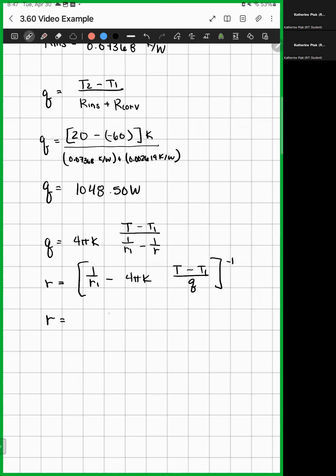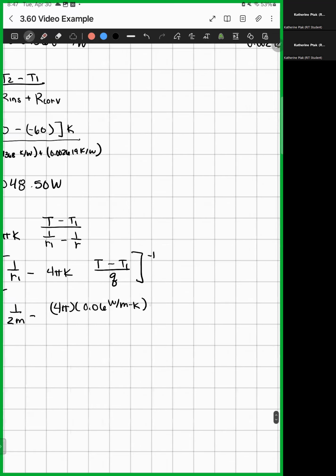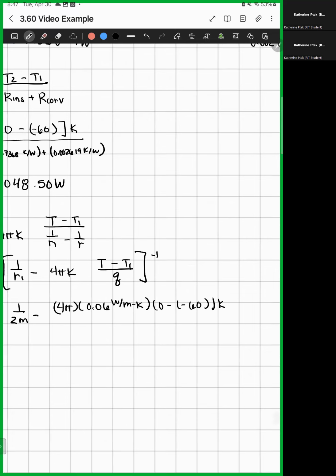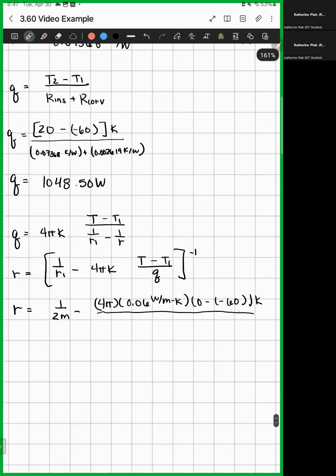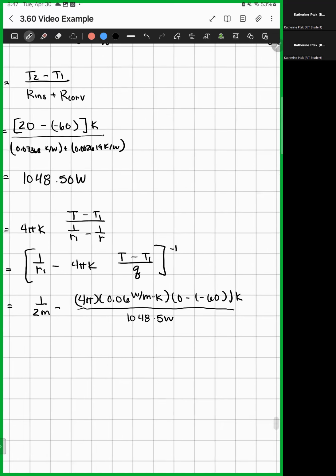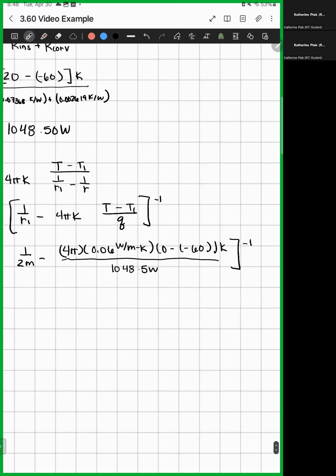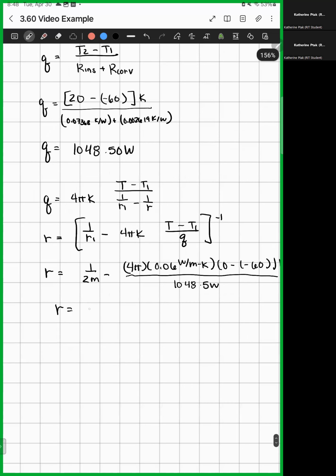And so you get R equals 1 over 2 meters minus that Q we just solved for over 4 pi times 0.06 watts per meter Kelvin times 60 Kelvin, all to the negative 1. We get R equals 2.188 meters.